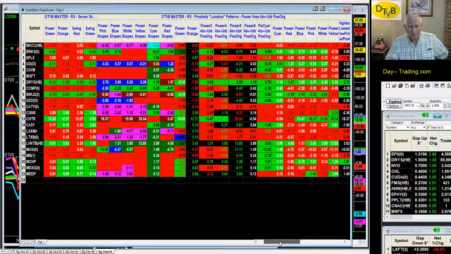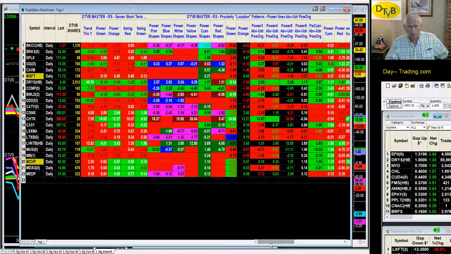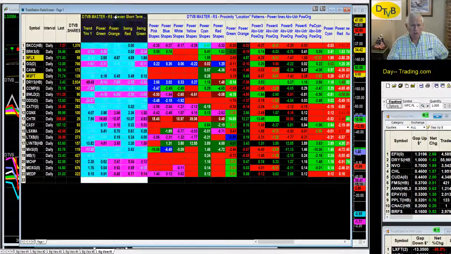If we back up one, we have the 7 short-term trend lines, and these are depicted in 5 columns. I've used the trend yellow in the far left column as the indicator to watch, simply because that's closest to 0, both above and under 0.